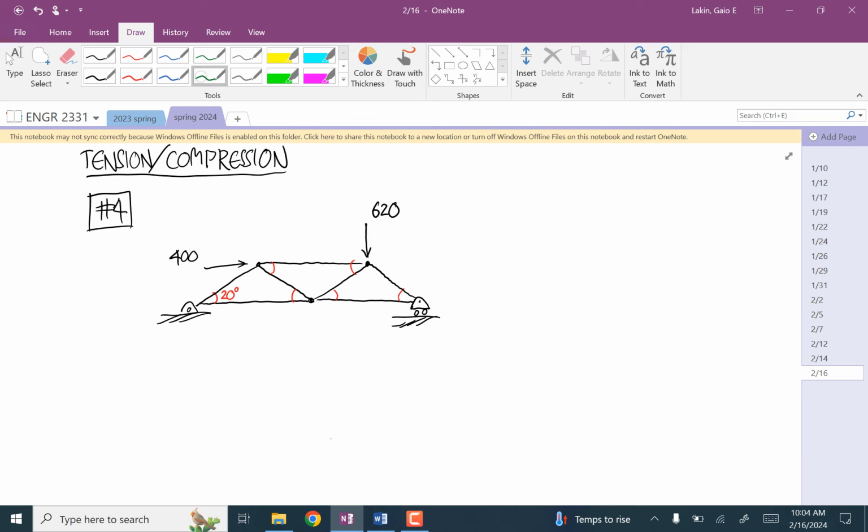Okay, and I'm going to label these. I'll call that 1, 2, 3, 4, 5, 6, 7. So we're going to be trying to solve for 7 variables.